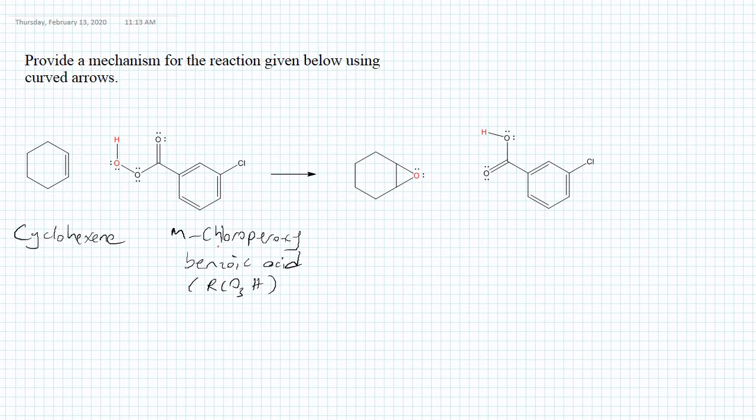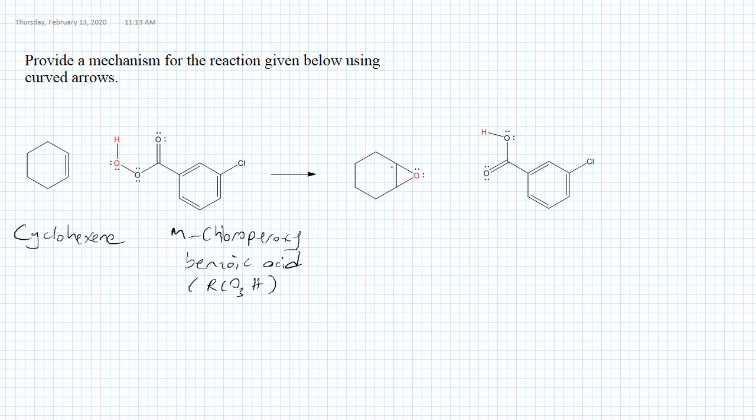Okay, let's start here. First of all, let's look at what kind of new bonds we have and what kind of bonds are broken during the reaction. Basically, the alkene functionality we don't have anymore here.